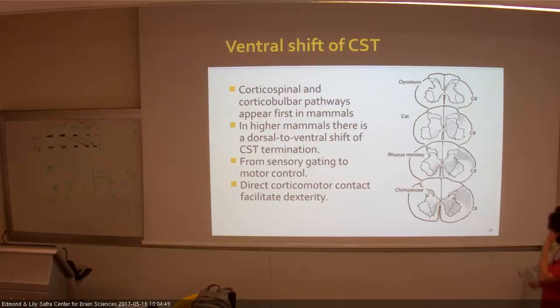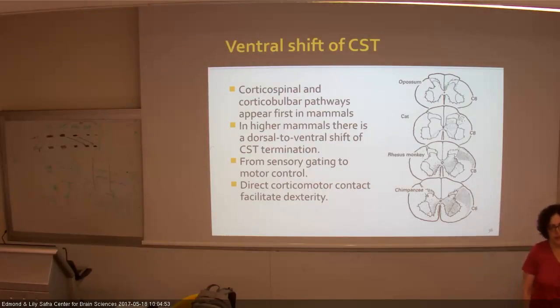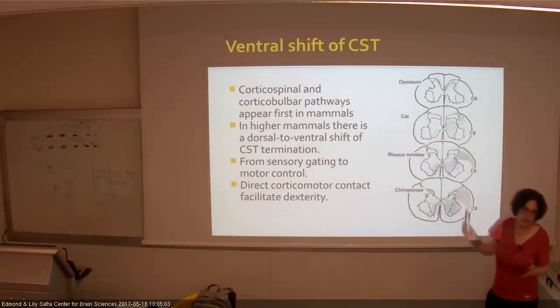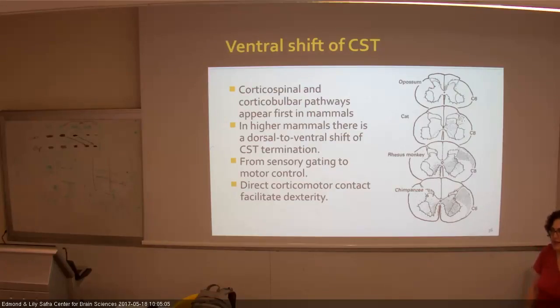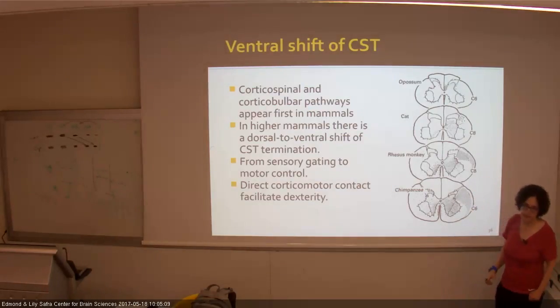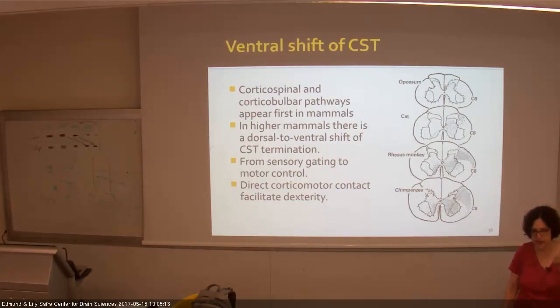And indeed, at some point in evolution, the pyramidal tract changed its function from sensory gating, as we see here in opossum and to some extent in cats, to direct control of muscles, as we see here, and even more so in chimpanzee. So we have more contact. The motor cortex has direct contact with motor neurons.